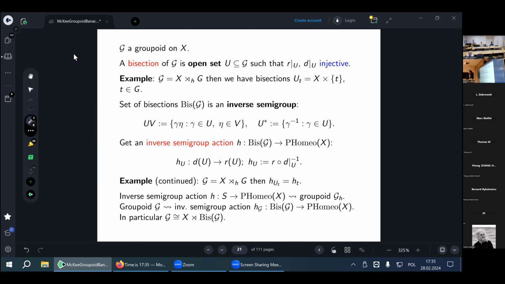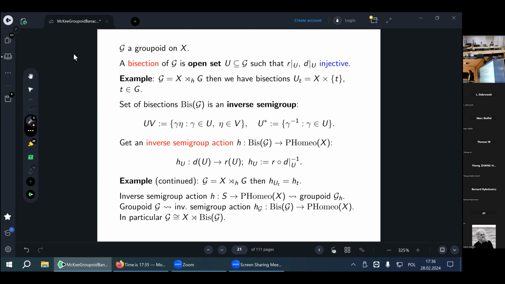So just to summarize, if we start with an inverse semigroup action, then we get a groupoid. And conversely, if we start with a groupoid, we get an inverse semigroup action, the one that I defined here.